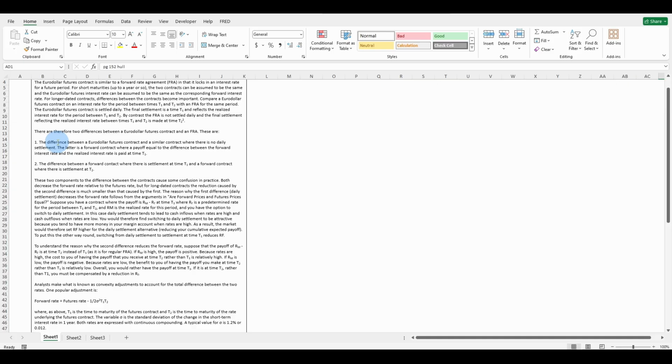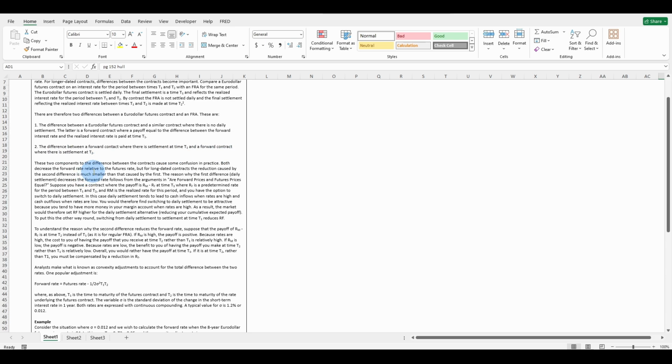These are the difference between a Eurodollar futures contract and a similar contract where there is no daily settlement. The latter is a forward contract where a payoff equal to the difference between the forward interest rate and the realized interest rate is paid at time T1. And the difference between a forward contract where the settlement is at T1 and a forward contract where the settlement is at T2.